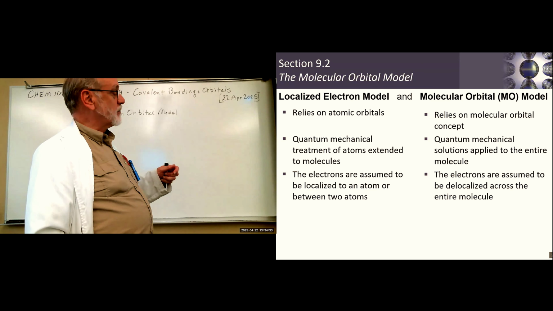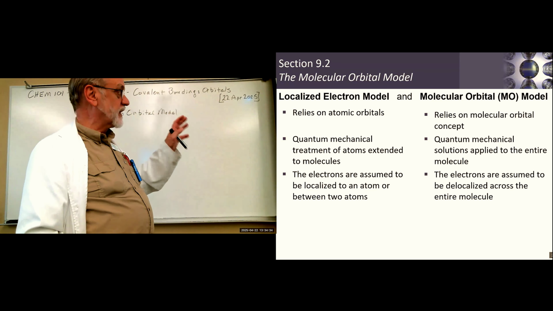The localized electron model assumes that the electrons are owned by the atoms that are joined in the bond, whereas the electrons in the molecular orbital model are delocalized over the entire molecule. And this idea of delocalization, I think we talked a little bit about that at the end of chapter 8.